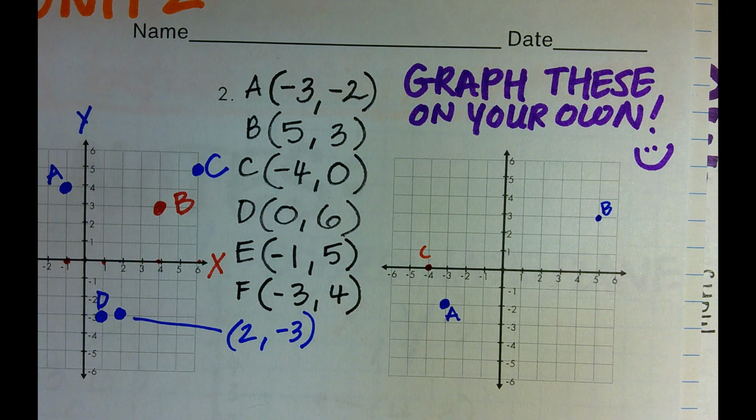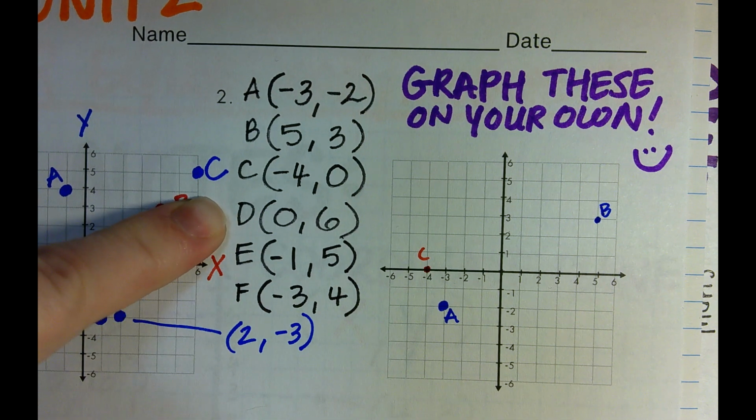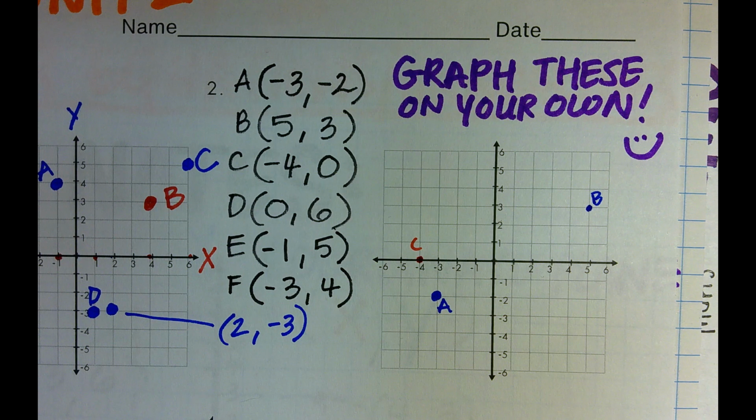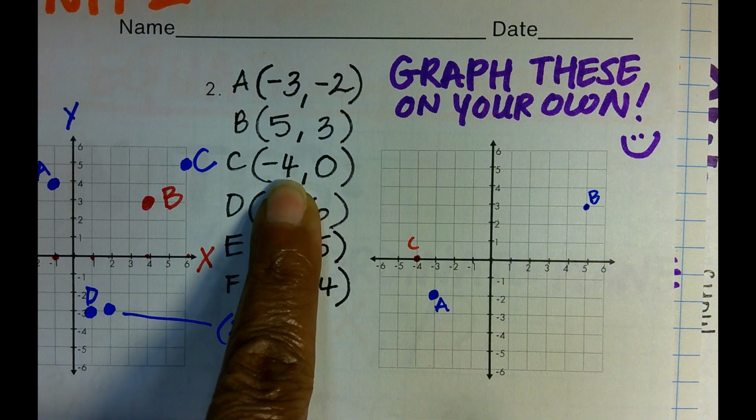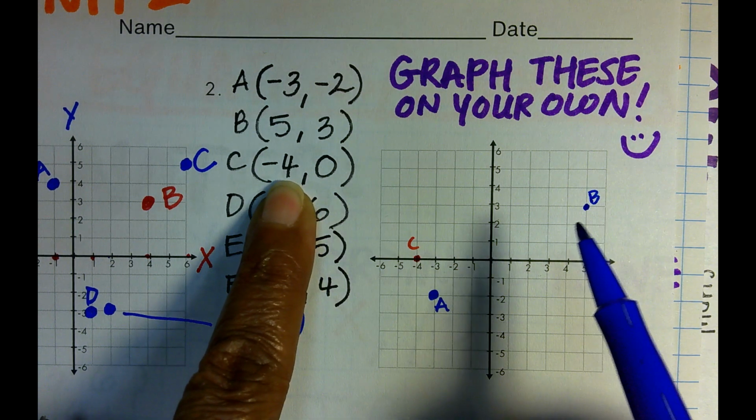Who wants to do point D? Any takers? Rhonda, come on up. I'm gonna try it. You got this. Okay. Let's see on this graph here. So we're doing right here. Yes, -4, 0.